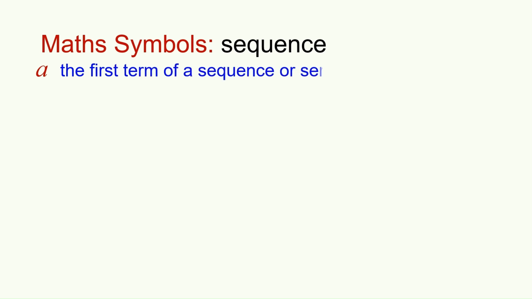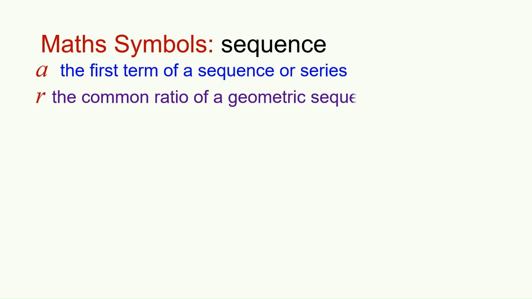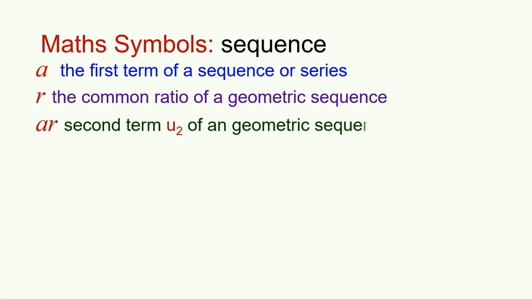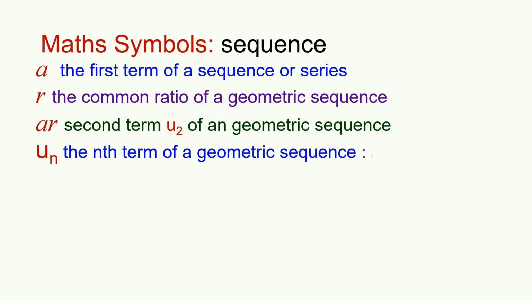a: the first term of a sequence or series. r: the common ratio of a geometric sequence. a times r: second term u2 of a geometric sequence. u_n: the nth term of a geometric sequence, a times r to the power of n minus 1.